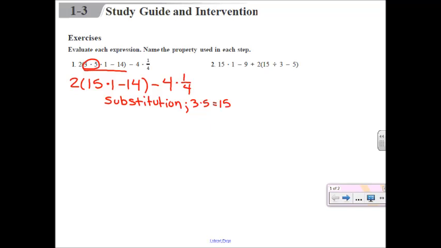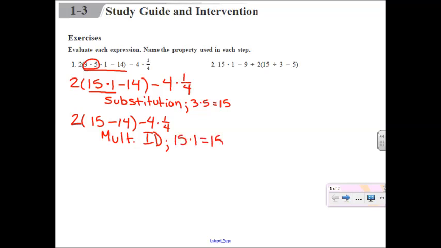The next thing that we run into within the parentheses is 15 times 1. That's the multiplicative identity. Any number times 1 is itself. So we're going to replace 15 times 1 with just plain old 15. And that's going to be the multiplicative identity, which I'm just going to write as multiplicative ID, and that's 15 times 1 is itself, 15.